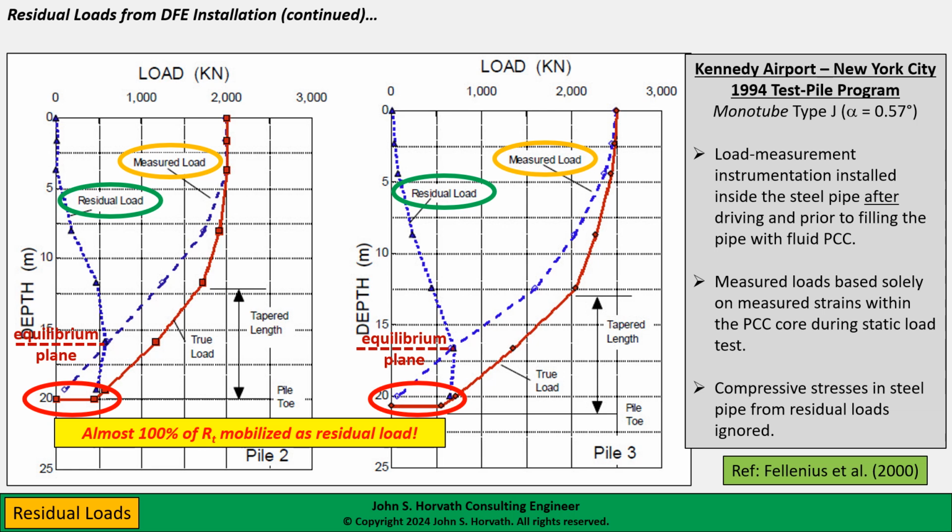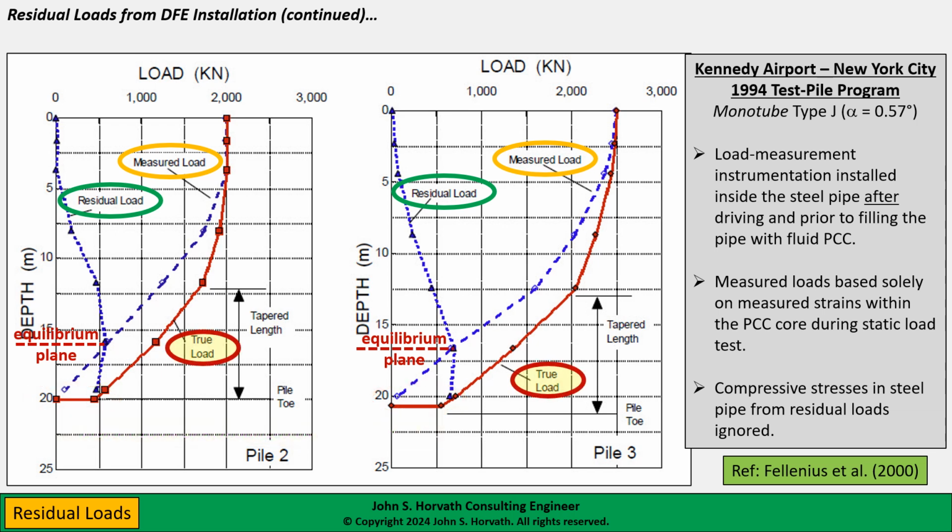So everything from here down the equilibrium plane is drag load, just a little bit of shaft resistance plus rather significant toe resistance. And the toe resistance of pile 3 is about 20% of the eventual ultimate load that was applied. So rather significant toe resistance, even though the toe diameter, as I said, is quite modest, about 8 inches or 200 millimeters.